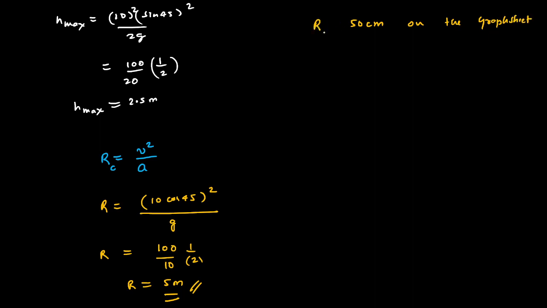This would be the radius of curvature on the graph sheet. In the SI system, 0.5 meter is the radius of curvature. Using that, the insect will be traveling with some velocity u, so the acceleration we are thinking of for the insect would be u squared by that radius of curvature.